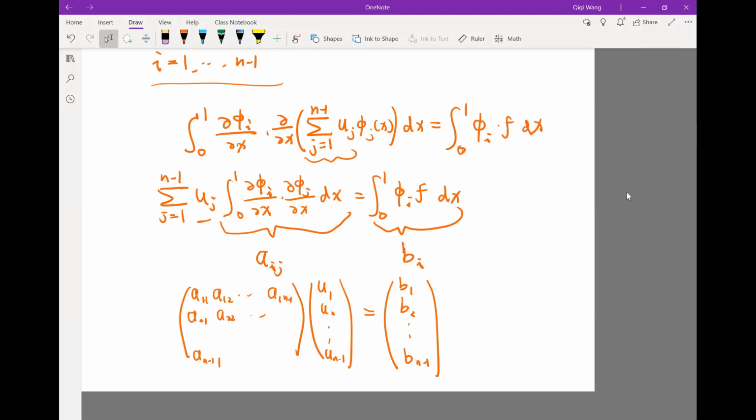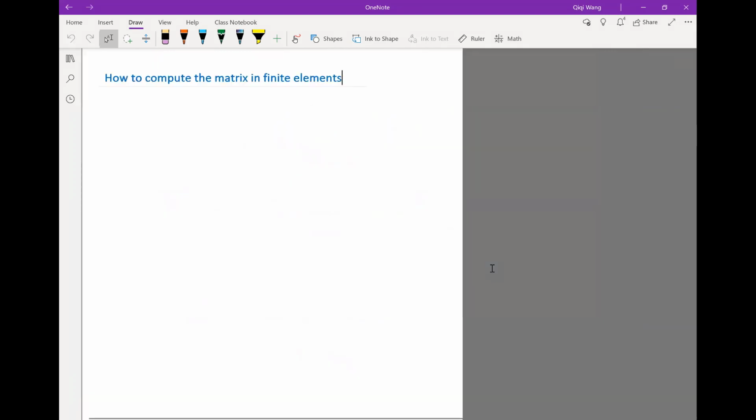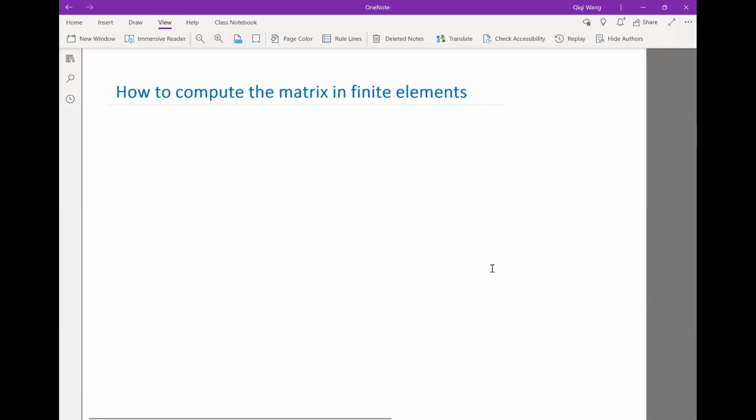Right. So now let's talk about how do we actually form the matrix entries and the right-hand sides. First, the matrix.